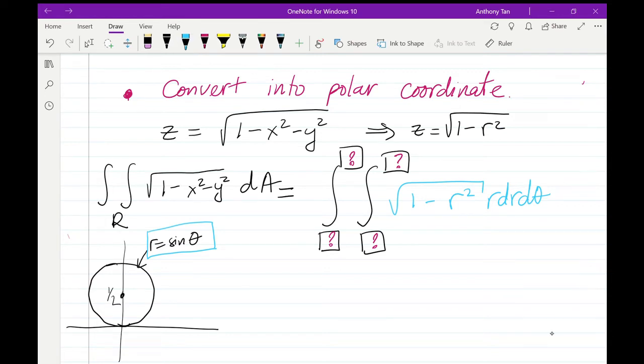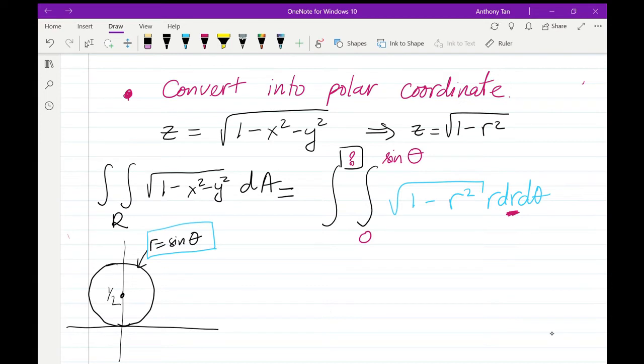So here the radius will be going from 0 to sine theta, because we're doing the integral in terms of r first.